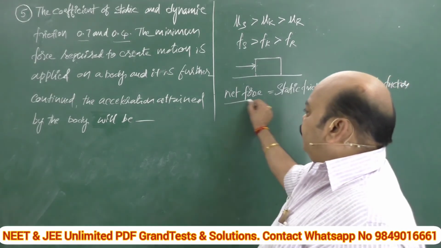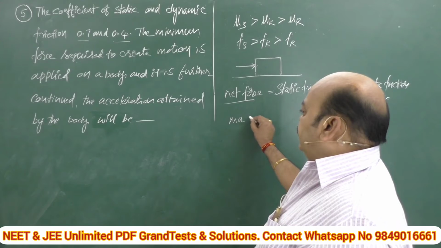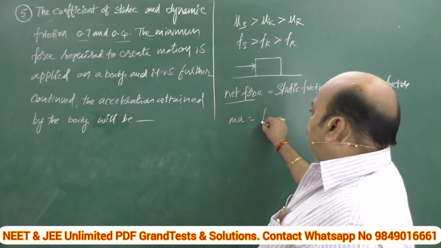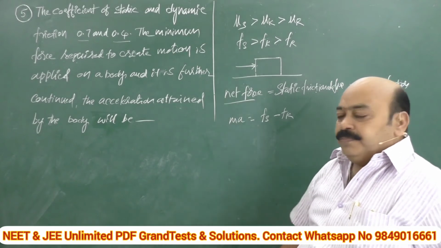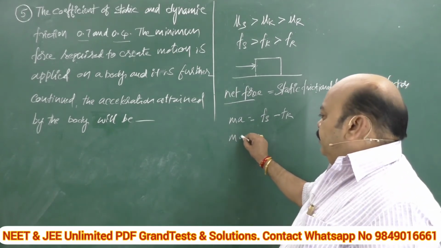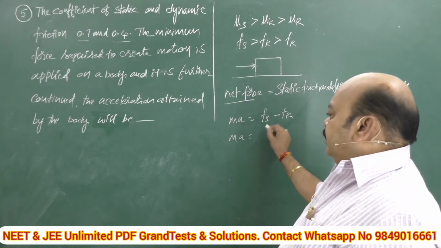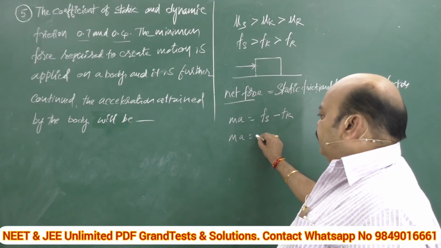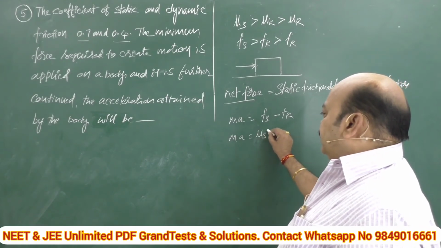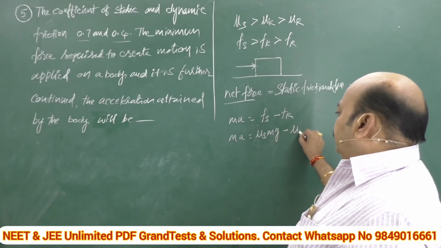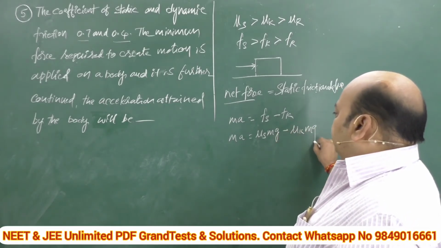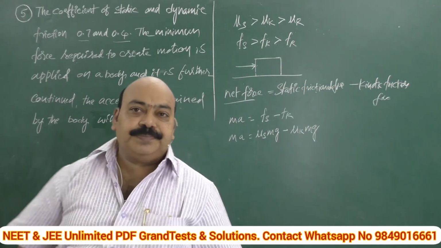Net force is given as ma, so ma is equal to Fs minus Fk, which is mu s mg minus mu k mg from the definitions.